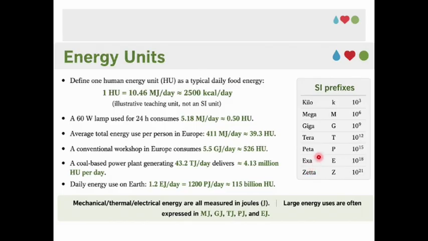To make these huge numbers more intuitive, we can also use a simple human unit, which is about 10 megajoules, roughly the dietary energy one person uses in a day. I have provided a list of comparisons to give you more insight into these energy units.